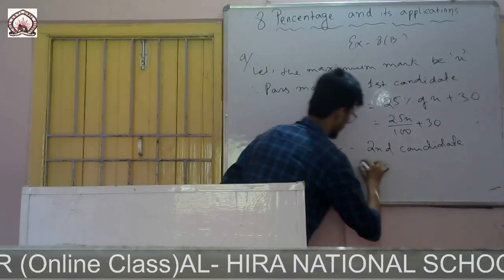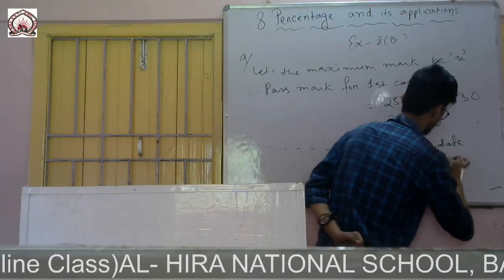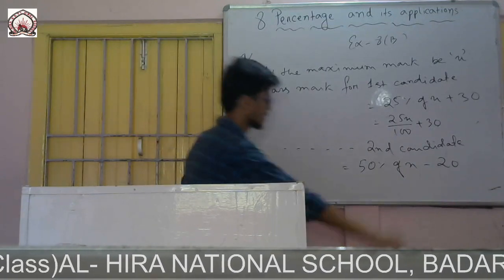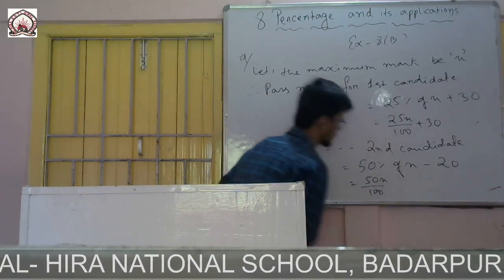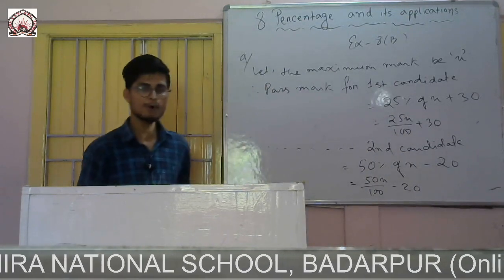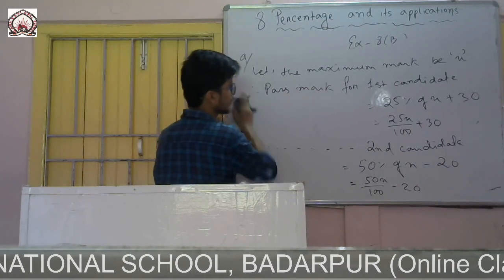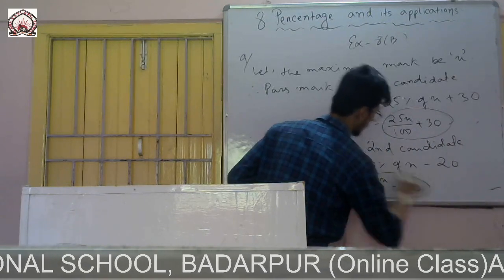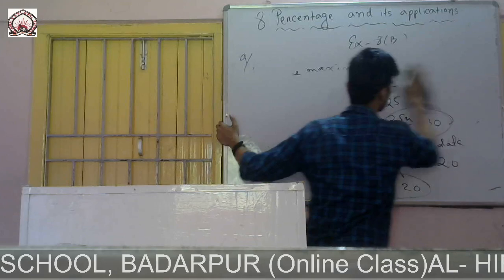So you write 50% of x minus 20 mark. 50% of x means 50 by 100 and 50x by 100 minus 20. Okay. So for both the student, the pass mark is same.